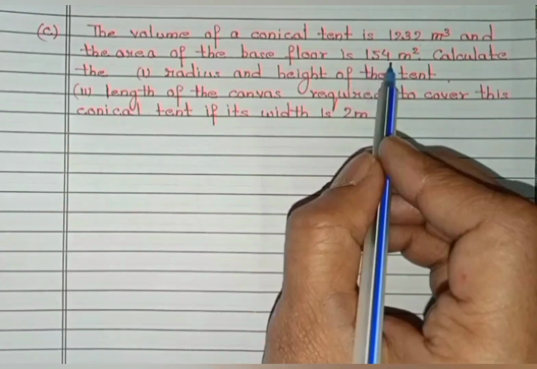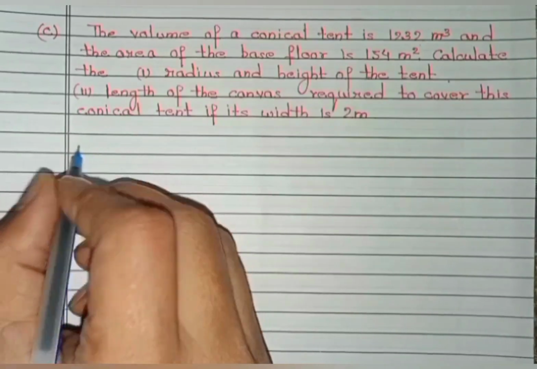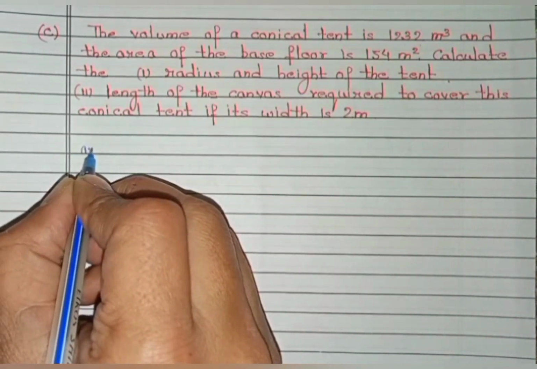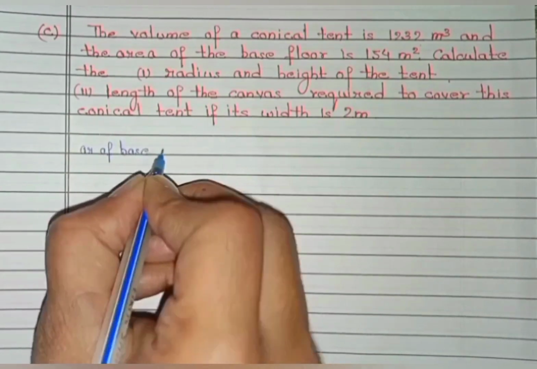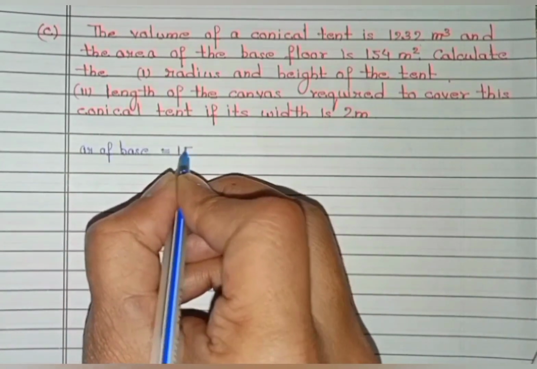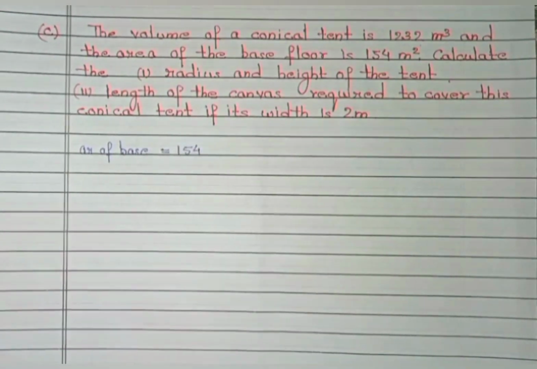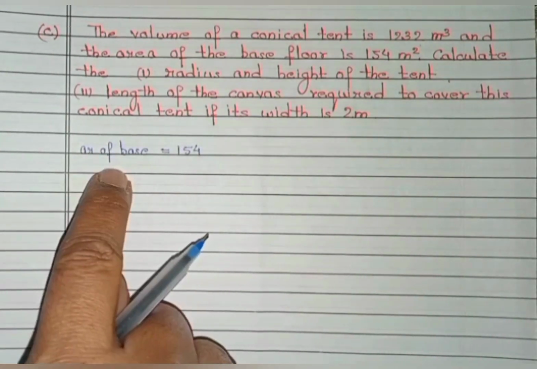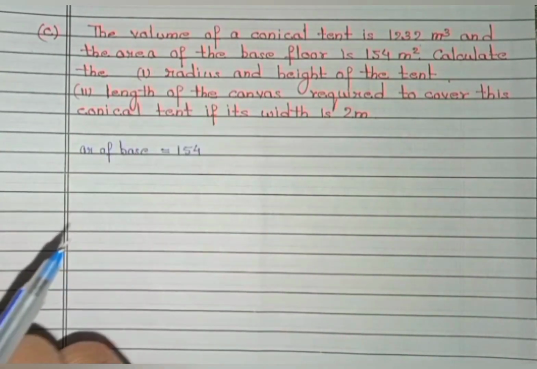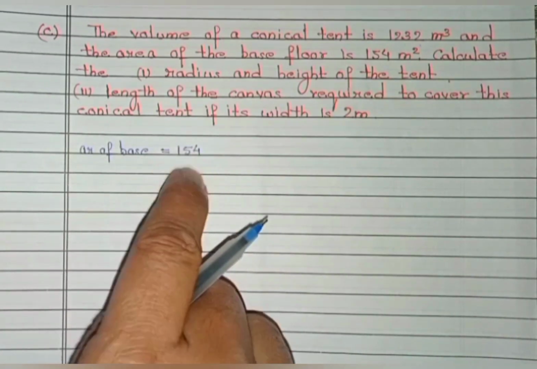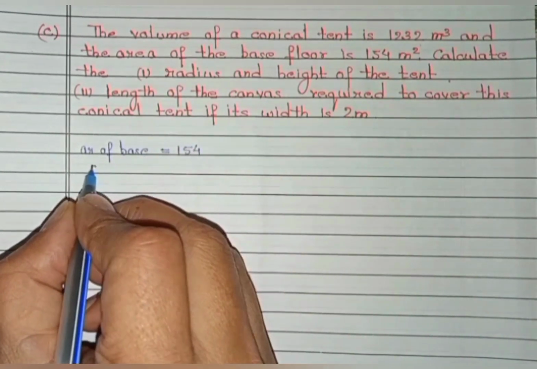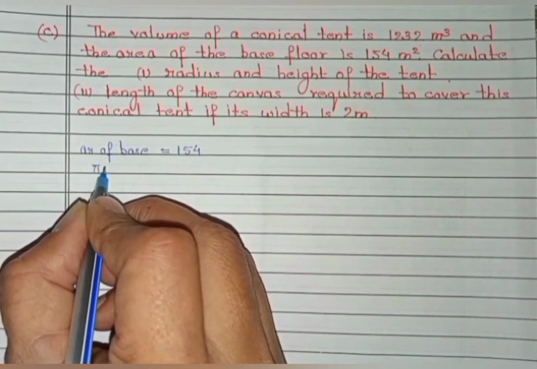So this is the area of the base given to you, 154. Now remember that the base of a conical body is always a circle, so you can say this is the area of circle and its formula will be pi r square.